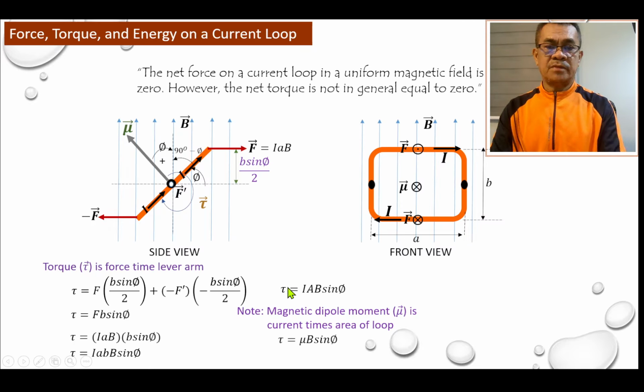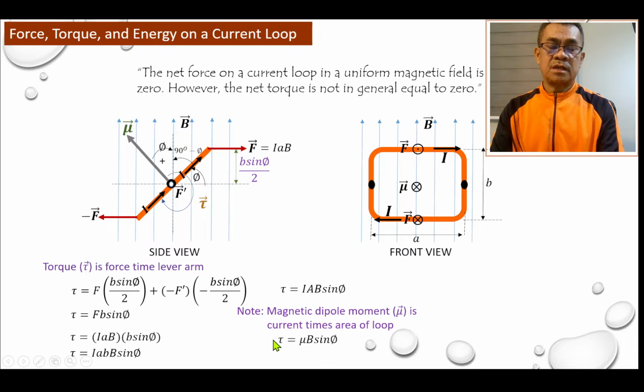Okay. So therefore, from this torque equation, I A B sine theta, it becomes mu, because mu is I times A, times B times sine theta, which means that the torque can be calculated. Okay, this is the magnitude of the torque.